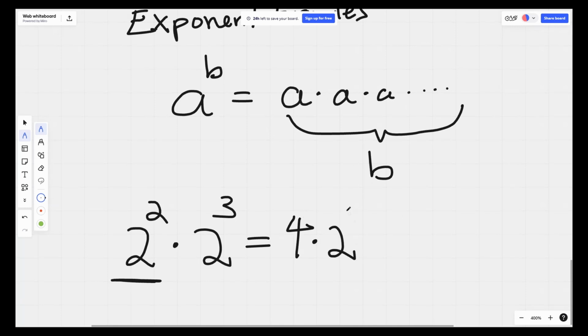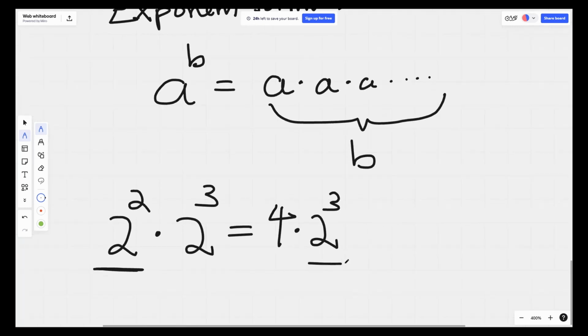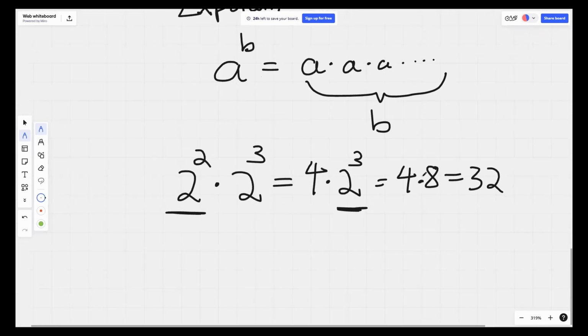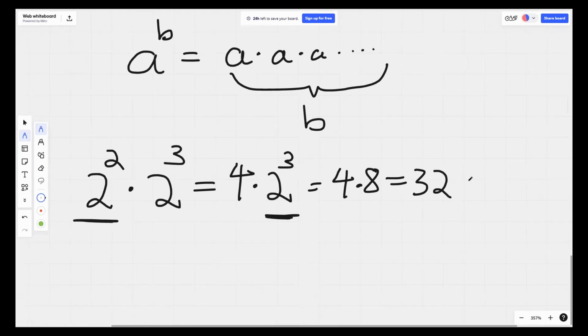And then I'll have times 2 to the 3, which is 8. And then I'll have 4 times 8, and that's 32. I could do that. But there's also a nice rule. So maybe you have already noticed that 32 is 2 to the 5th.